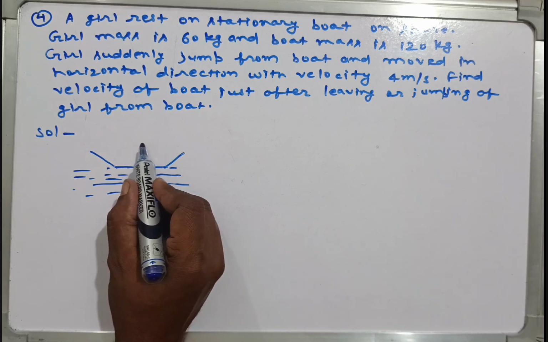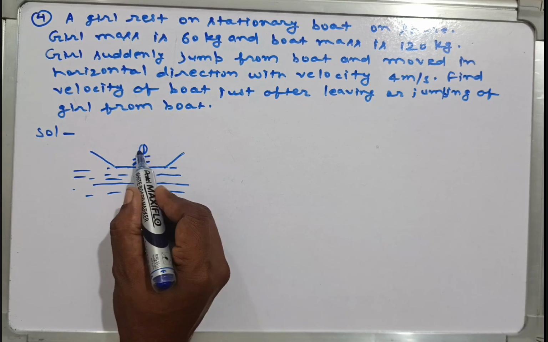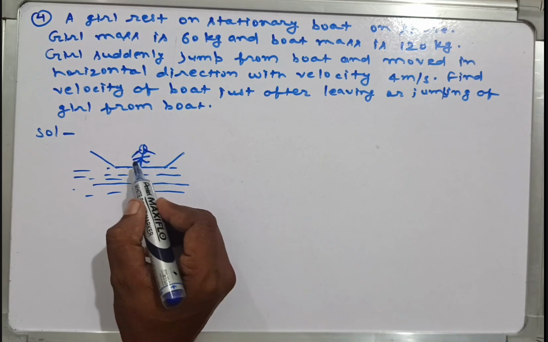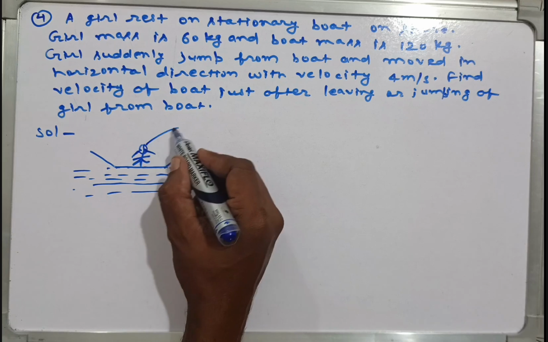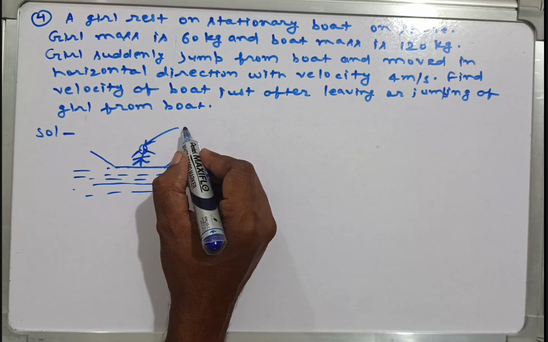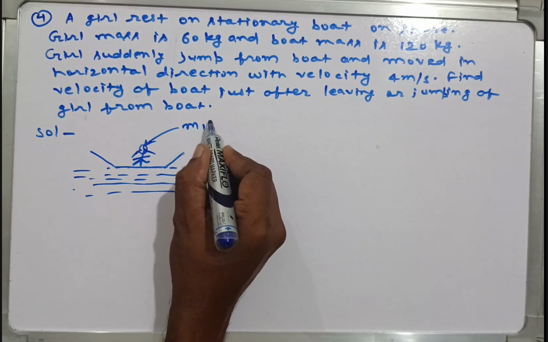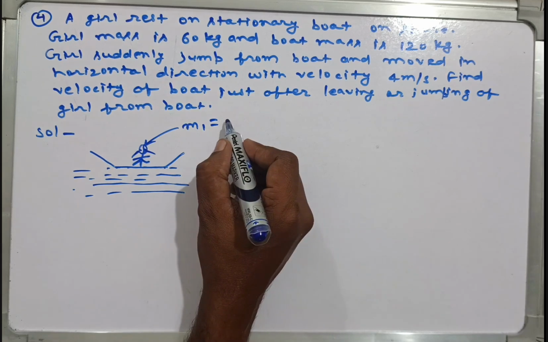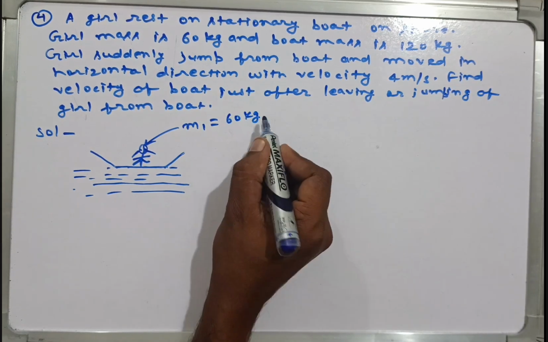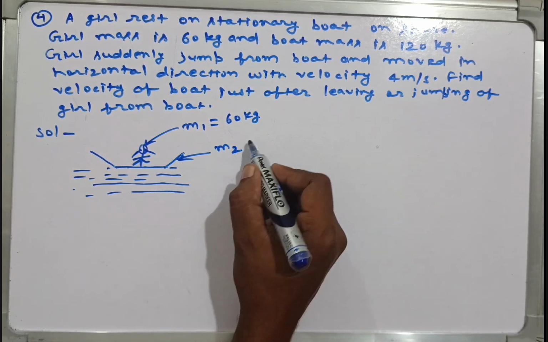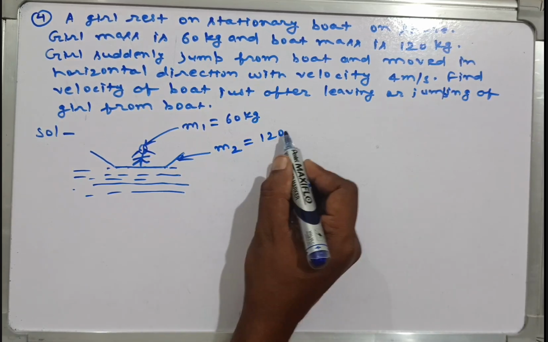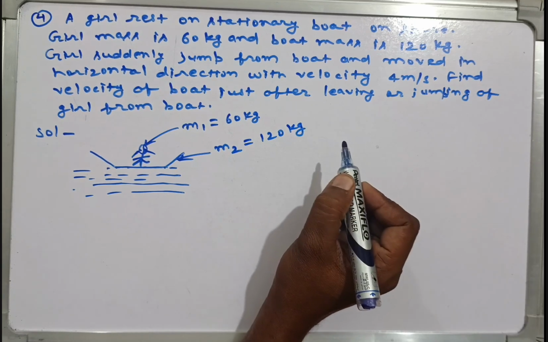Now one girl is resting on the boat. Mass of the girl, say m1, is given 60 kg. Now boat mass m2 is given 120 kg.